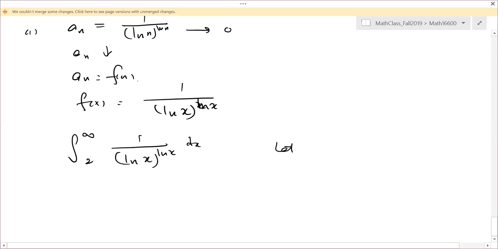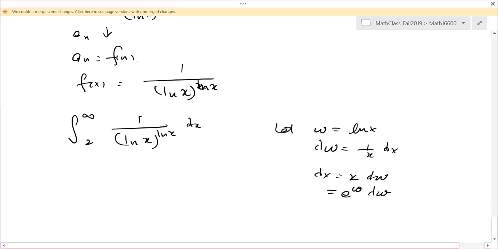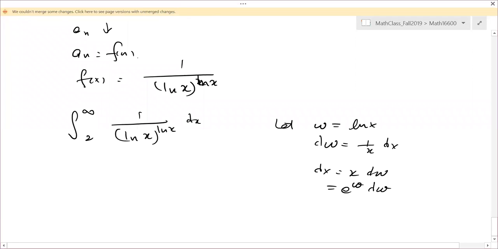Okay, the substitution: let omega be natural log of x. So d omega is going to be 1 over x dx, so dx is going to be x d omega, and x is e to the w.